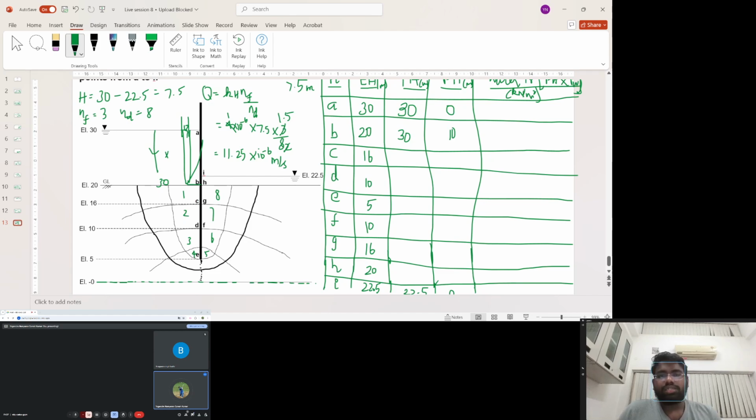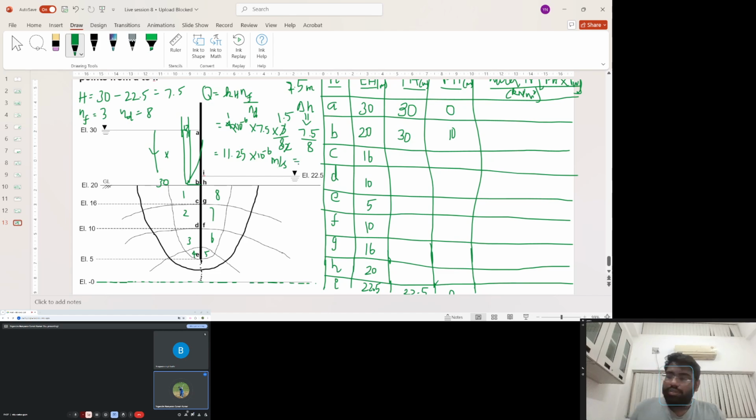That means this entire 7.5 meters is divided into 8 equal parts, such that when the water crosses all these 8 equipotential drops, the head loss will be 7.5 meters. So what will be the head loss for each equipotential drop? That will be delta H, which is 7.5 divided by 8.